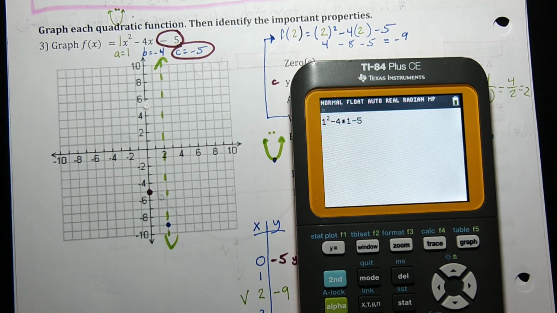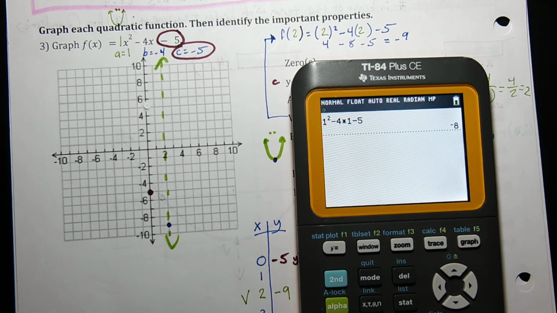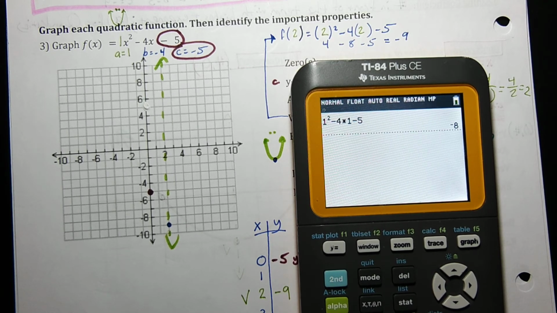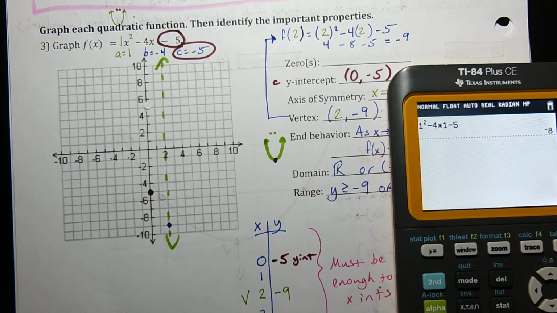I want everybody to try typing this in, because your calculator is only as smart as you are, and if you can't get the right outputs here, your whole graph is going to get weird. I got -8. Anybody not get -8? Big minus signs in front of both of those. So plugging in 1 gives me -8.